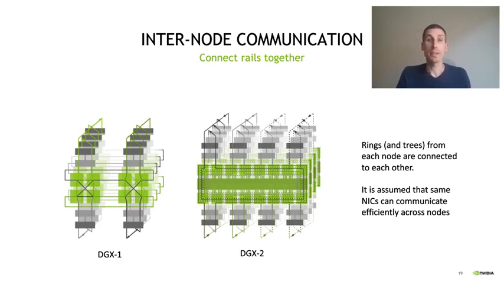But because we split the data evenly on each rail, we need all of those flows to run at full speed and independently. And so this is quite important because we need to guarantee that all those flows will not cross each other or cause contentions with each other.